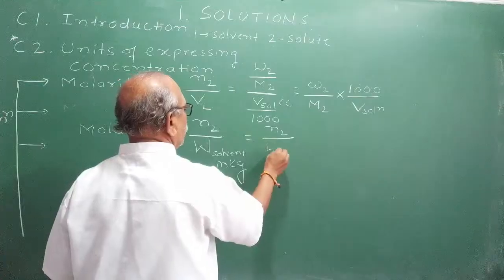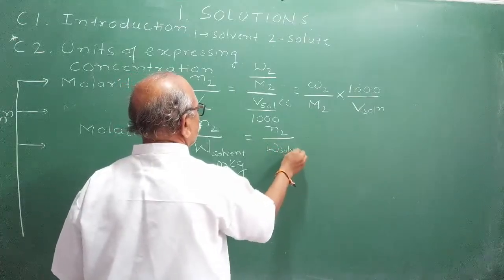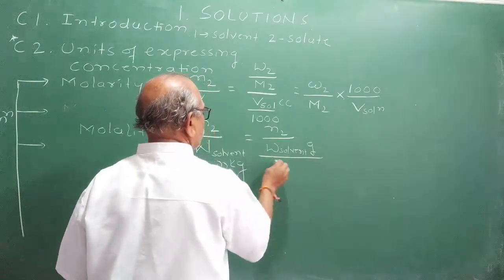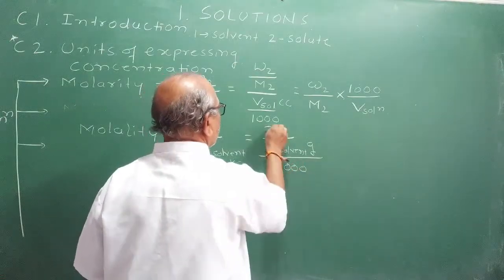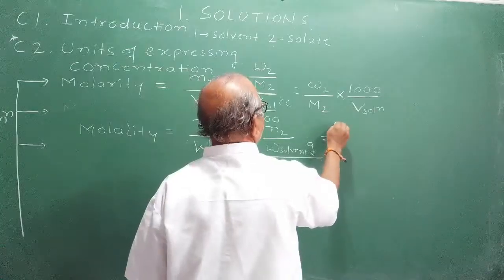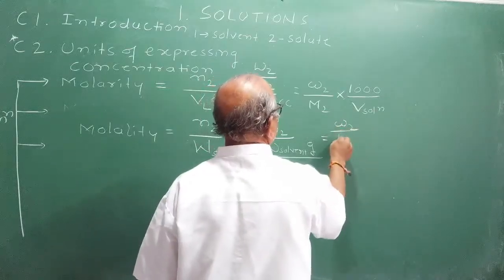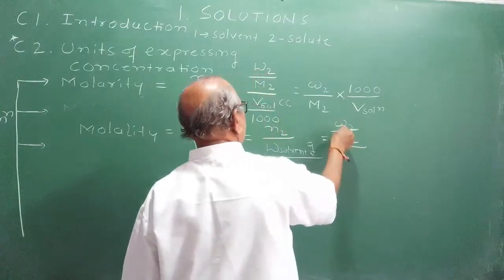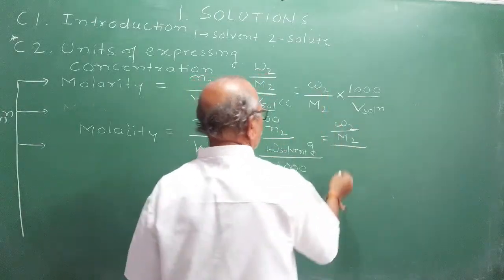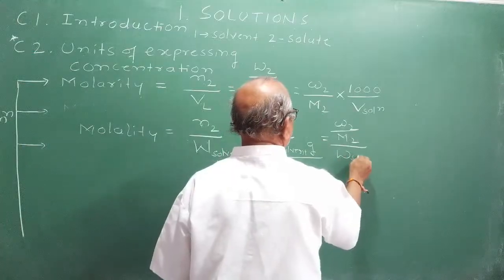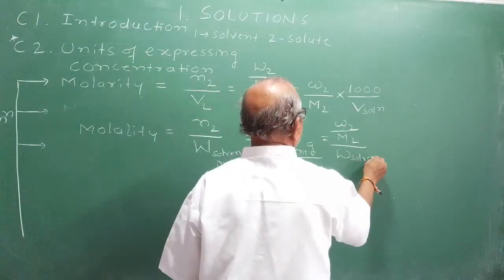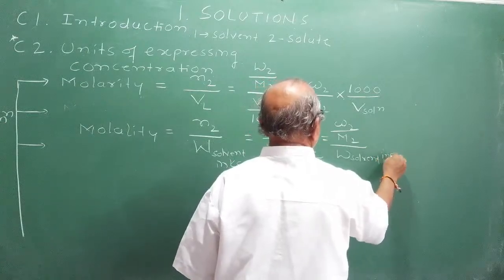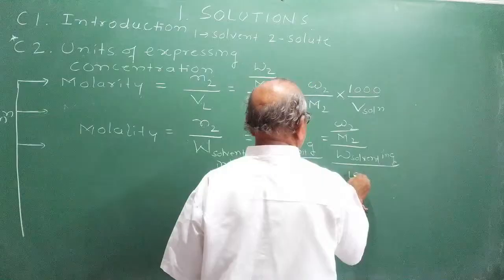That is mass of solvent in grams divided by 1000. Again, number of moles of the solute is given by W2 upon M2. M2 stands for molecular weight. Mass upon molecular weight gives you number of moles, divided by mass of solvent in kg, that is in gram divided by 1000.